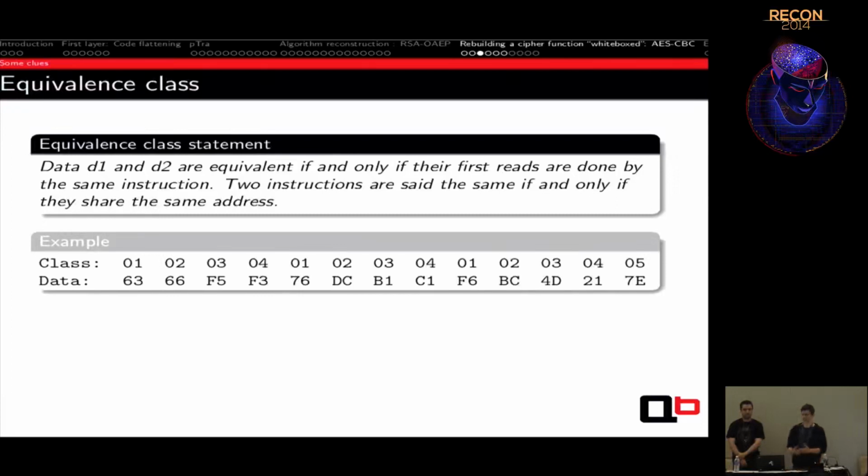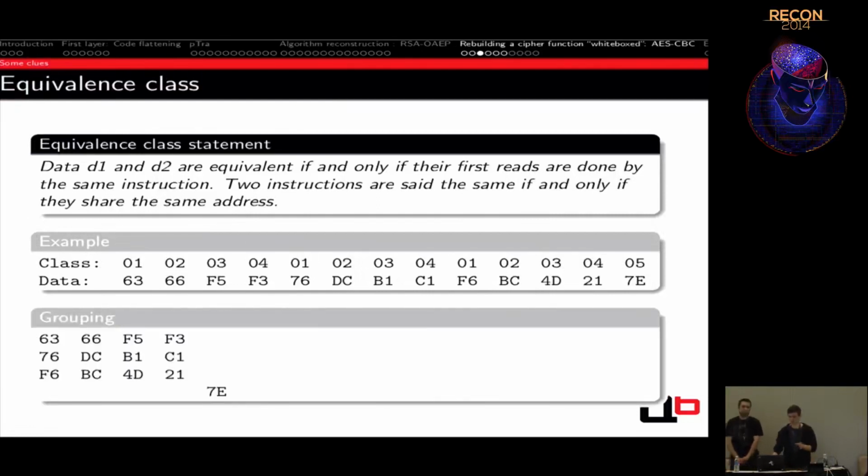Actually, what we commonly obtain is a pattern in classes, for instance 1, 2, 3, 4, 1, 2, 3, 4, and so on. This is because in a loop, there is a first instruction to read the first byte, then the second, and the fourth, etc. When we get that, we regroup the bytes this way, and the last is in another place.